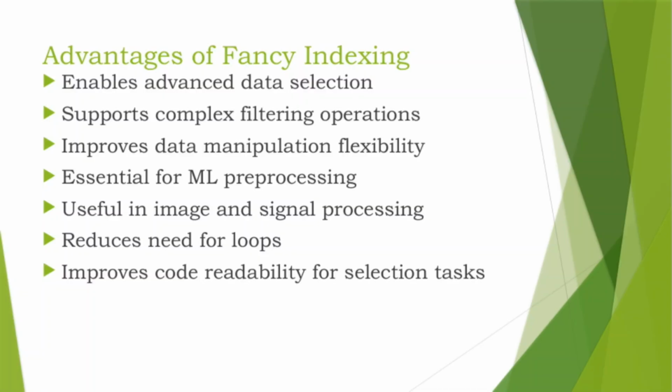Image processing applications use fancy indexing to manipulate pixels, crop images, apply masks, and extract regions of interest. In scientific computing, researchers use advanced indexing to analyze simulation results, perform matrix computations, and process multidimensional experimental data.